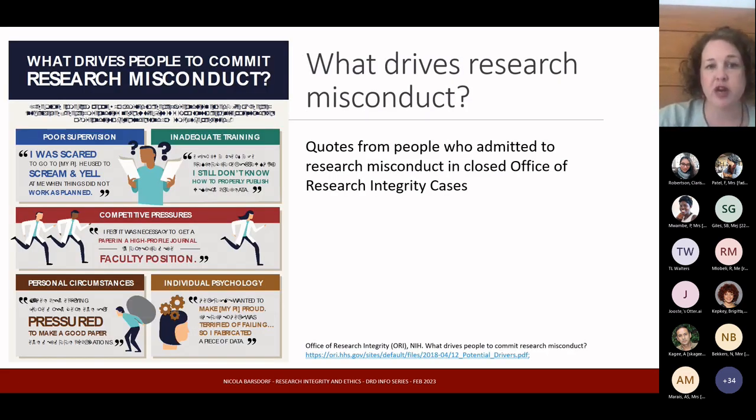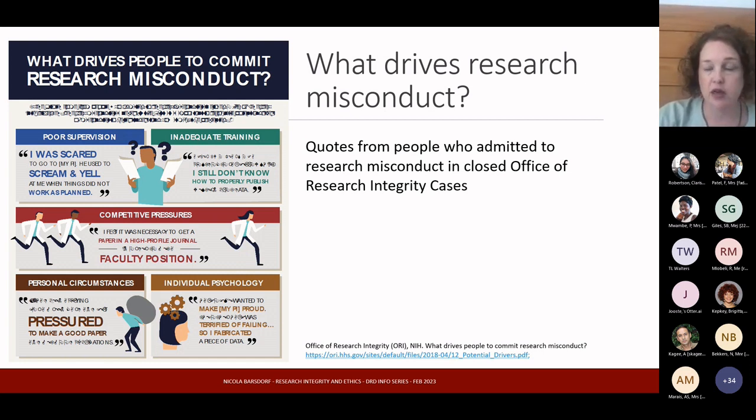And I guess the question is, what drives this? Obviously, research misconduct is not okay, and we're not saying it's okay, but it is helpful to look at what the drivers of research misconduct are in order to try and address them or at least minimize them. And in this diagram, we see some quotes from people who admitted to research misconduct in closed Office of Research Integrity cases at the NIH.